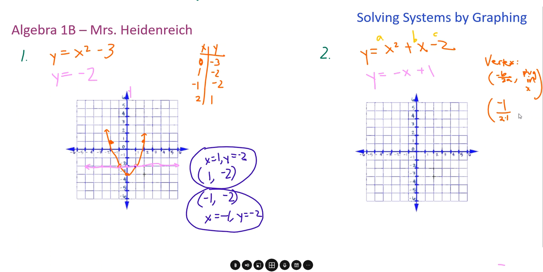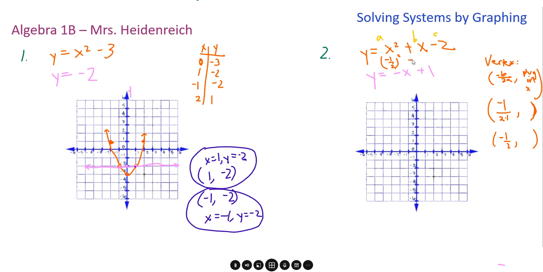We'll do the y value in a second. So negative 1 over 2 is negative 1/2. Ooh, bummer. Well, if I plug in negative 1/2, that's how I'm going to get my y value. So if I plug in a negative 1/2 here, maybe I better do it.